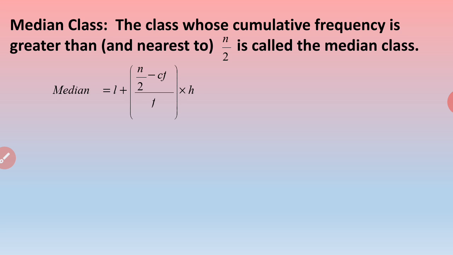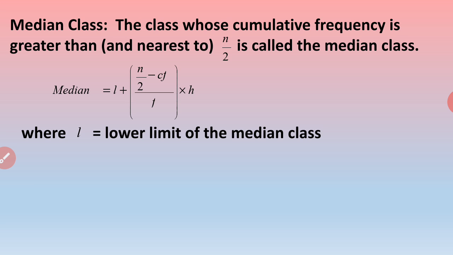Now, that's the formula for median. CF is cumulative frequency. We are going to define each and every term here. L is the lower limit of the median class, as this was the same in mode also. It was the lower limit of the modal class. Here it is the lower limit of the median class. N is the number of observations, that is the total of the frequencies.